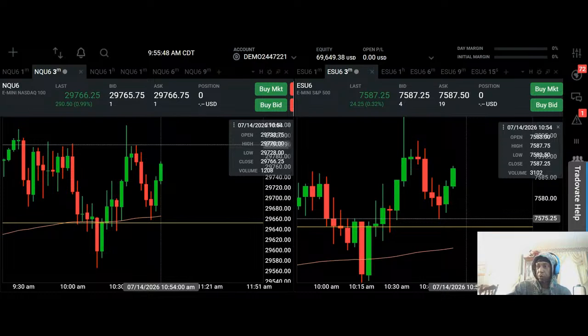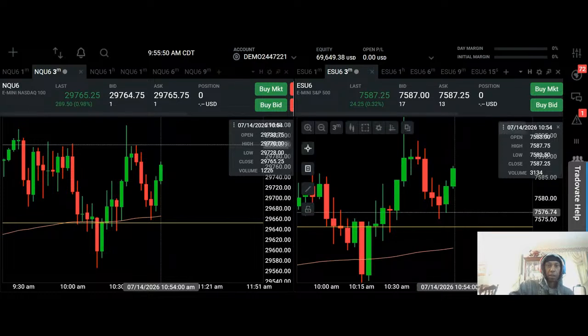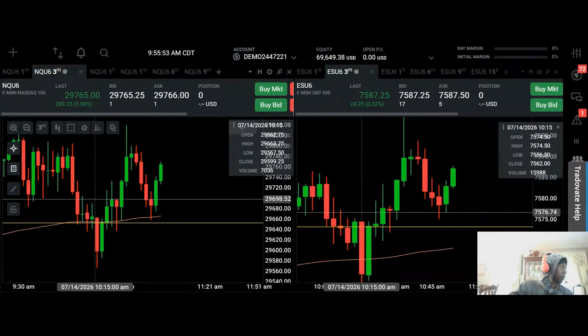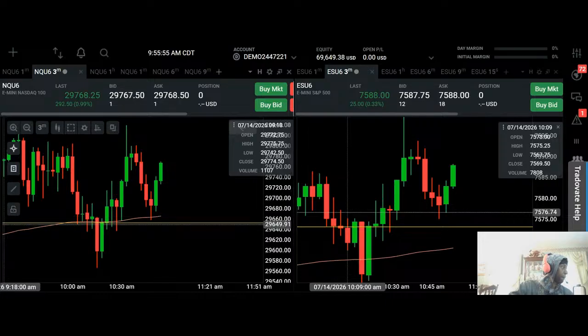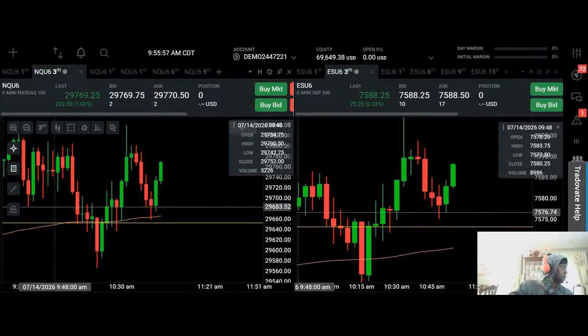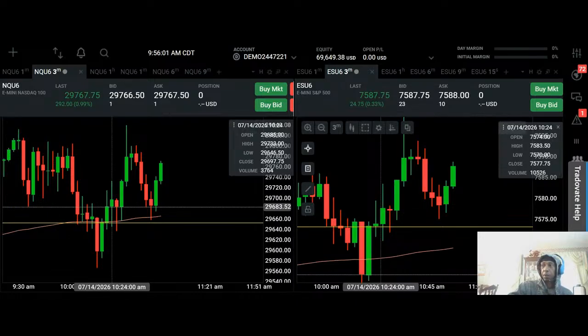I can't just pull the trigger on NQ like that. I have to have something telling me that it's okay at this point. Okay, now it's happening. If I get this close on YM right now here, then I'll take it.